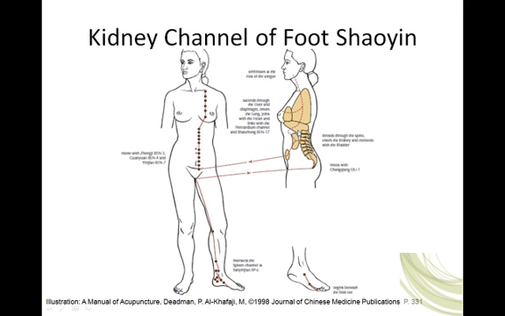So we also know that there are 5 principal functions of the kidney zang, right? Storing the essence, thereby dominating reproduction, growth, and development. Producing marrow, which then gives rise to the brain and filling the brain, because the brain is the sea of marrow.